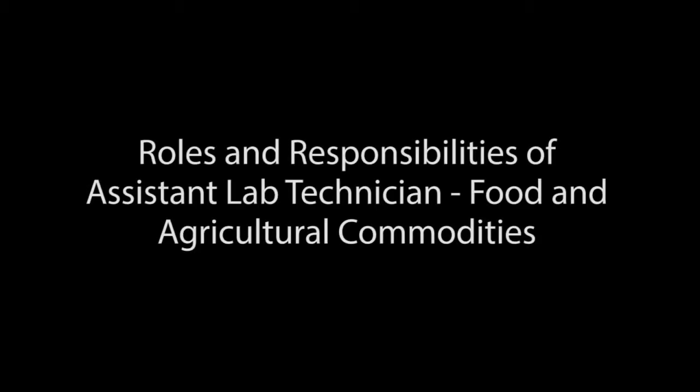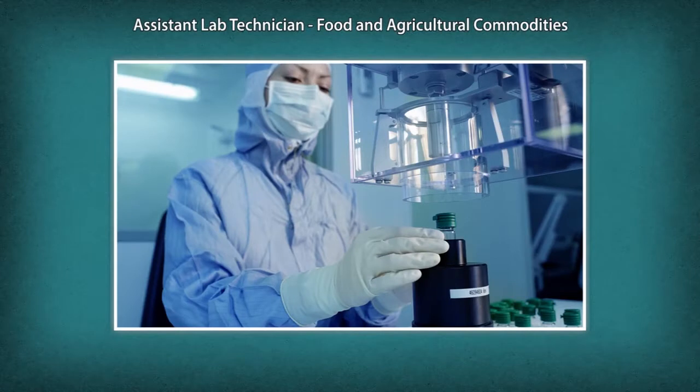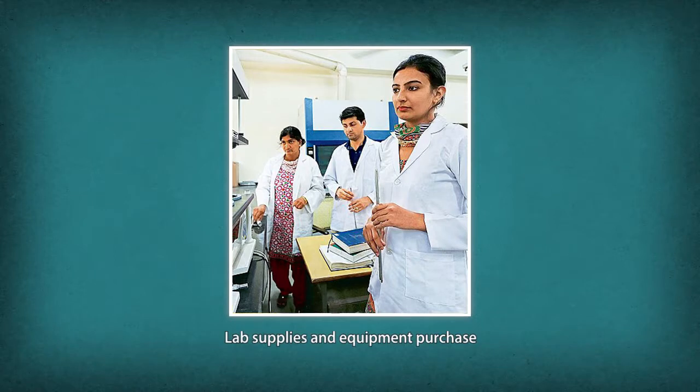Roles and responsibilities of assistant lab technician, food and agricultural commodities. Let us now take a look at the roles and responsibilities of an assistant lab technician, food and agricultural commodities. Purchase supplies and equipment for the laboratory whenever required.